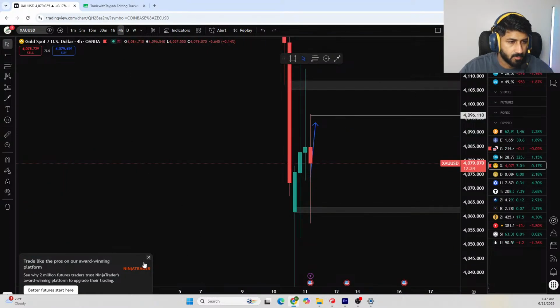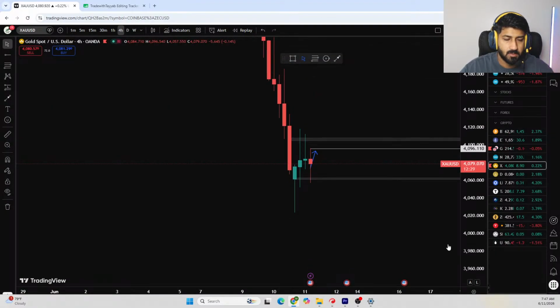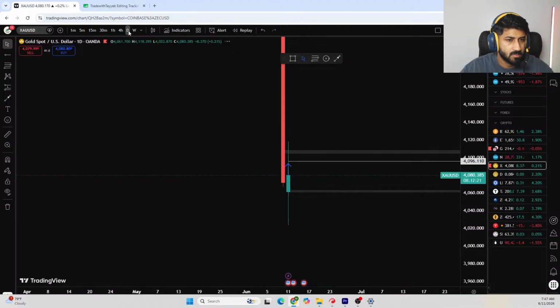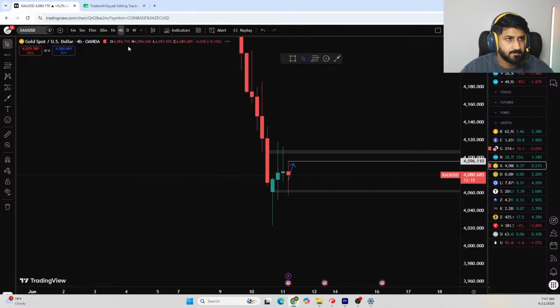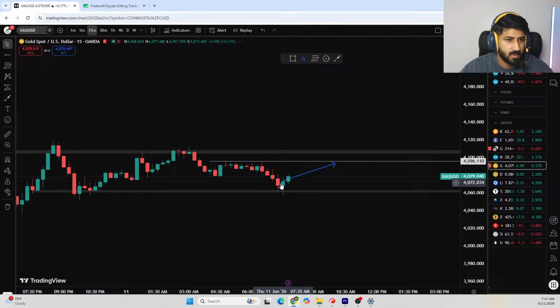4 hour time frame, only 12 minutes remaining to close. Okay, if the 4 hour time frame closes the way it is right now, then the 4 hour can continue to push down. That literally was the low of the 4 hour.